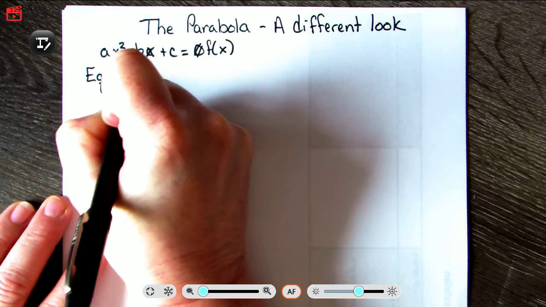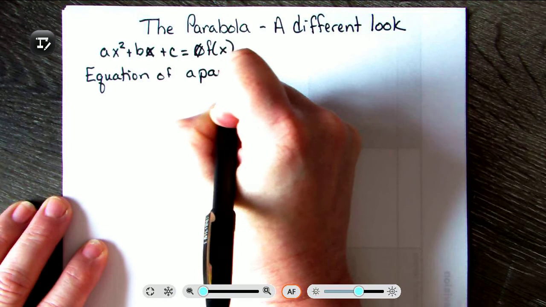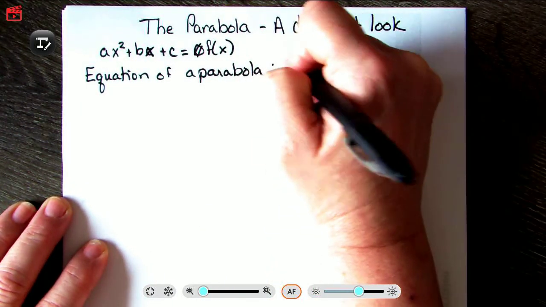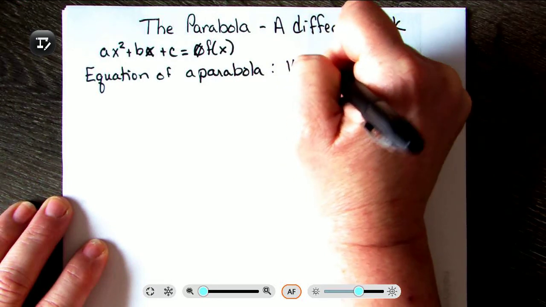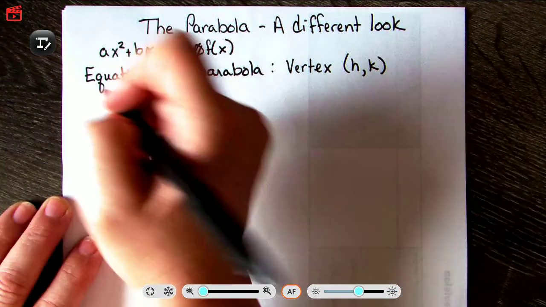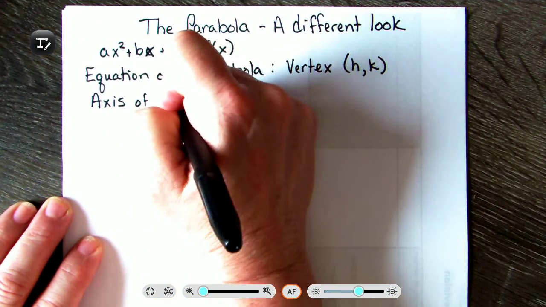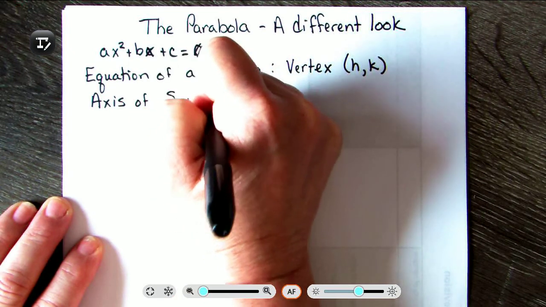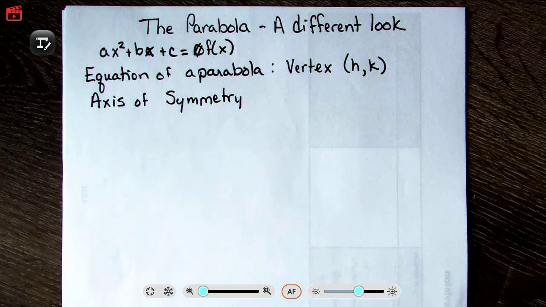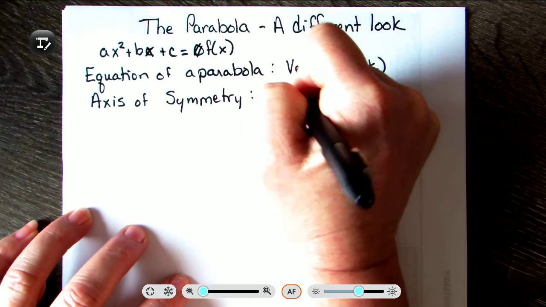So if we have an equation of a parabola, we're going to have some parts that are important. The important pieces, again, still are going to be that vertex, which is going to be that (h, k). And we're also going to have what we'll call the axis of symmetry, which is going to be parallel to one of our coordinate axes, depending on which way it goes.